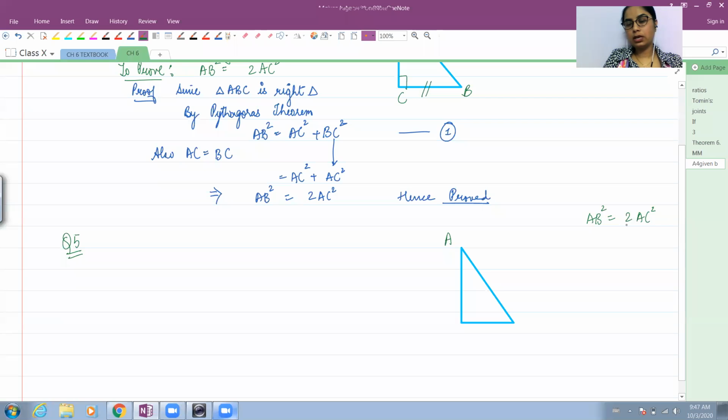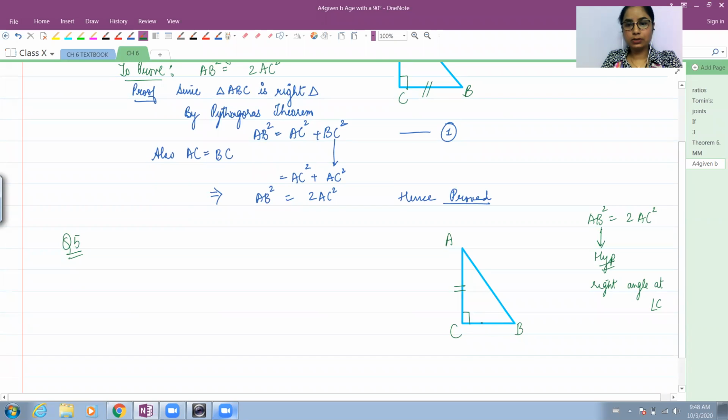You can compare the answer with the previous one since the answer is exactly the same. This is going to be the hypotenuse. So, right angle will be at C. So, mark accordingly in your figure. Just a minute, we have to prove it.